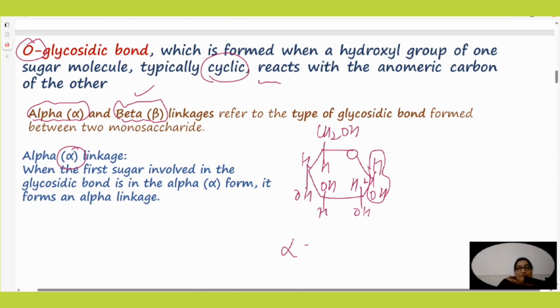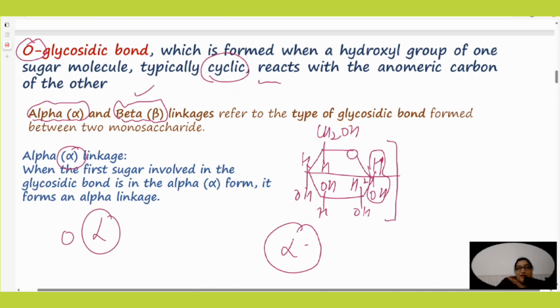Okay, so now we will be considering only the first sugar involved. Please listen carefully, if the first sugar involved in the glycosidic linkage has the alpha configuration, that means the H is above the plane and OH is below the plane, then the O glycosidic bond will be alpha type.